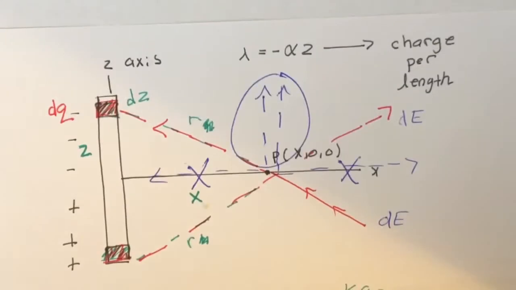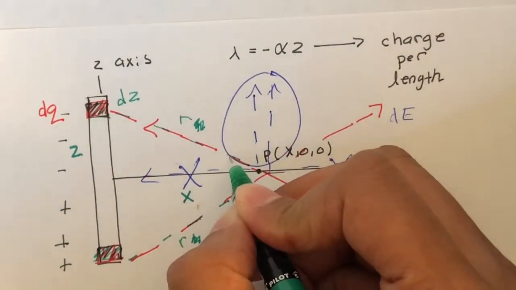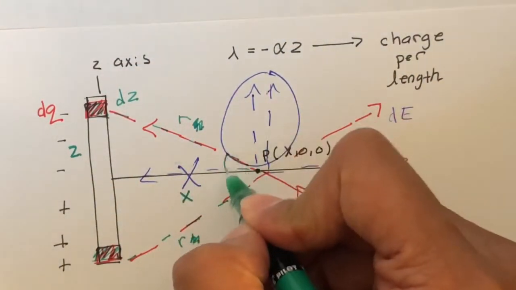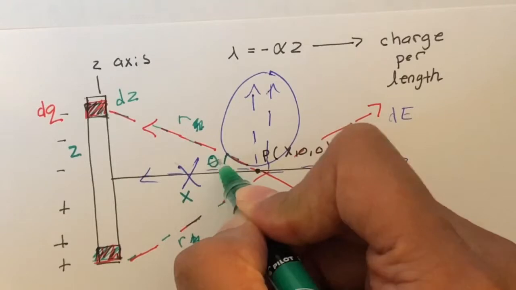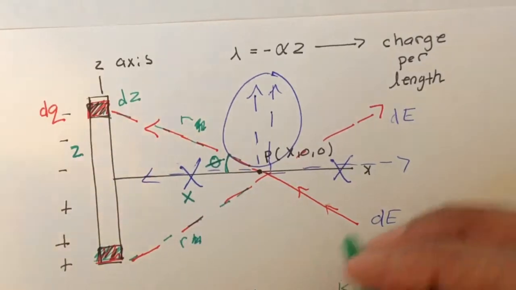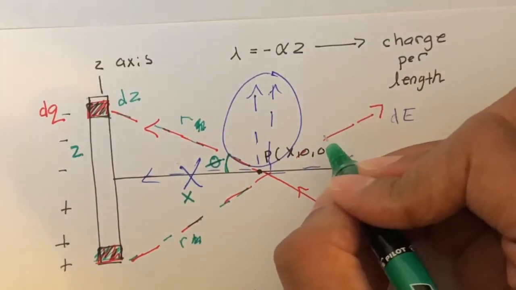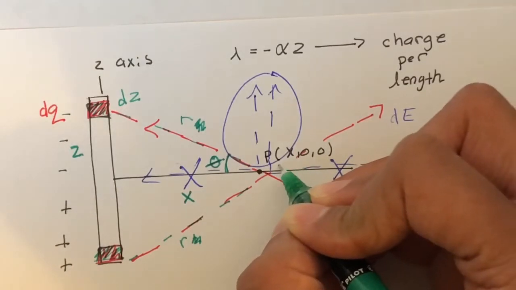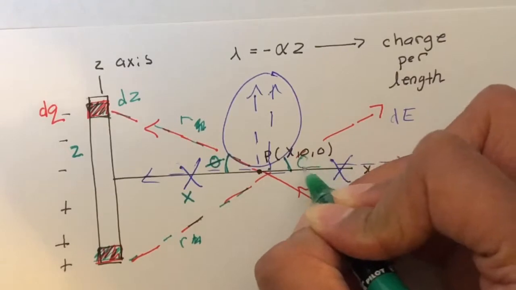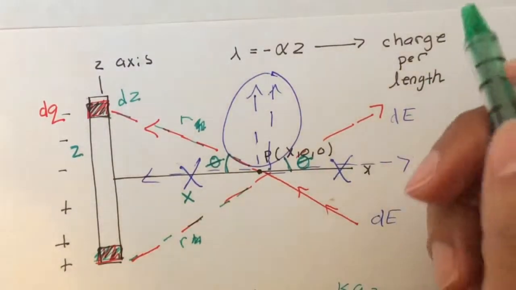Sine theta because I'll show you here. The vector here with the x-axis is defined as theta. That's theta, and this would also be theta.